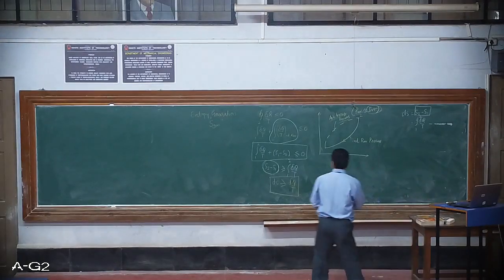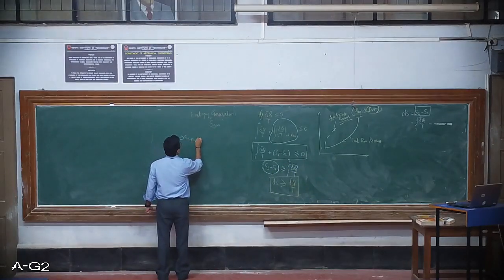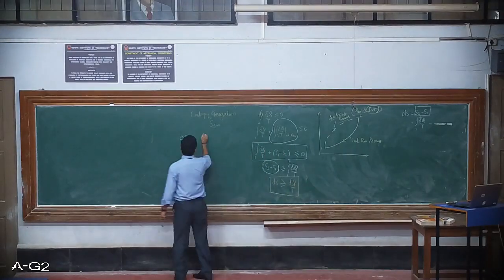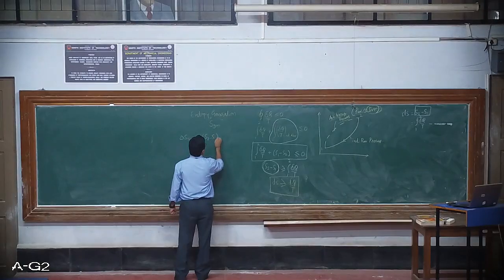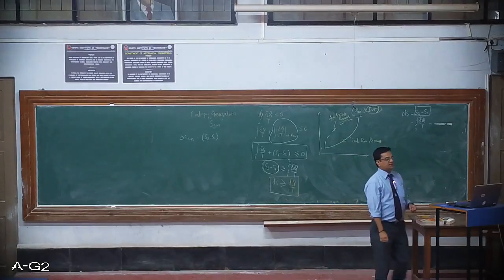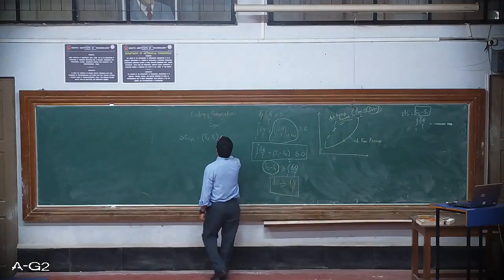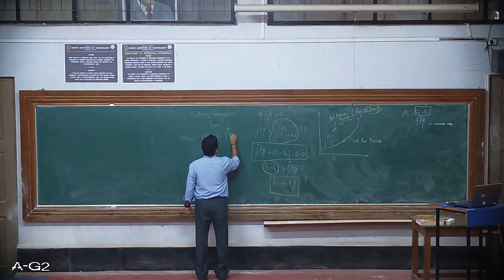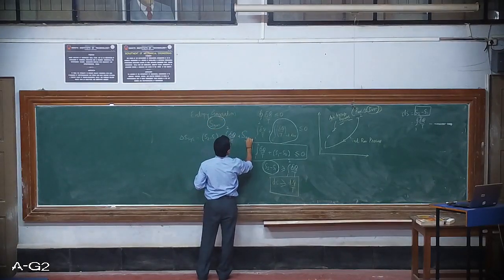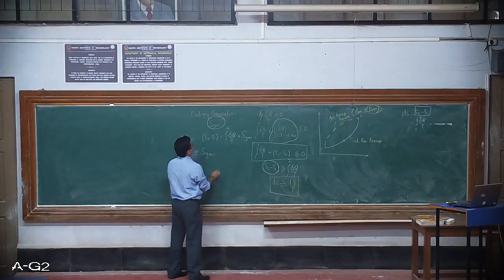delta S of the system is equal to the difference between the entropy change, that is S2 minus S1, which is equal to the integral of delta Q upon T plus this S gen, or this S gen is equal to the difference between the two.